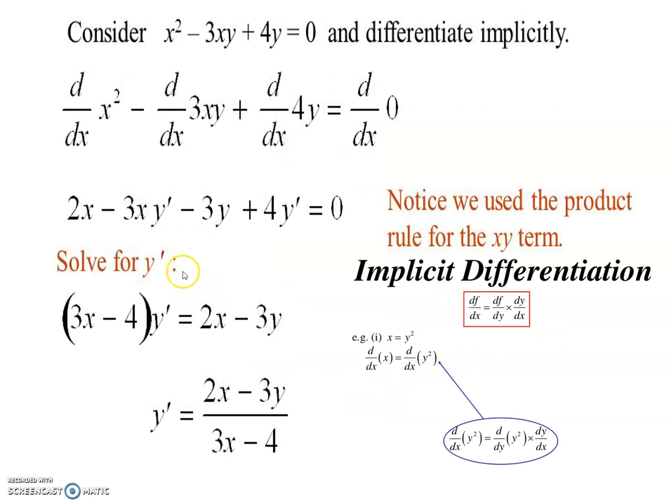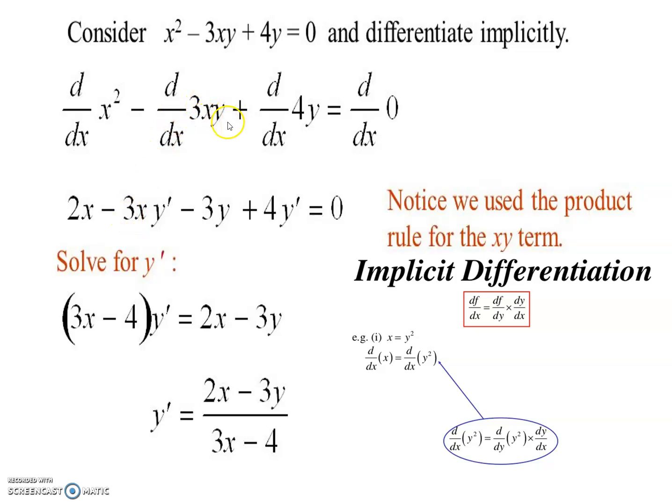So last lecture we continue the example. x square minus 3xy plus 4y is equal to 0. We have to differentiate implicitly. Derivative of x square minus derivative of 3xy plus derivative of 4y is equal to derivative of 0. We know that x raised to 2 derivative is 2x, minus 3 remains the same.